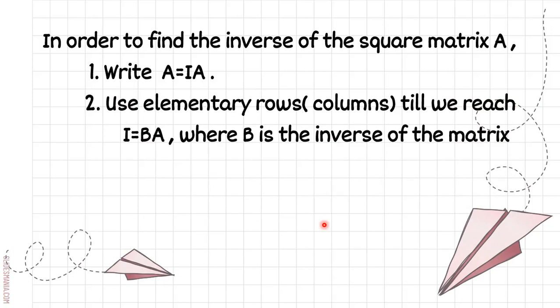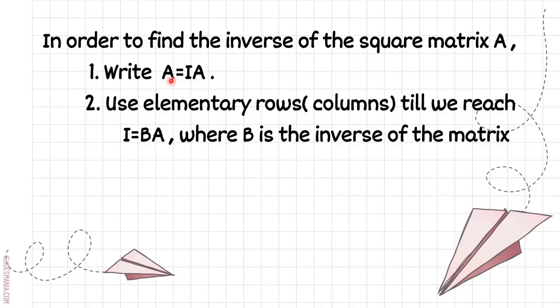Second, perform the elementary operations on both sides of this equation A is equal to IA. Perform some elementary operations on the rows or columns of the matrices on the left hand side and the right hand side.